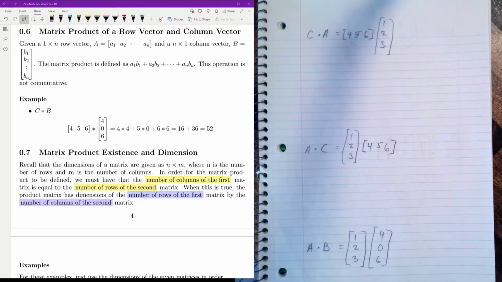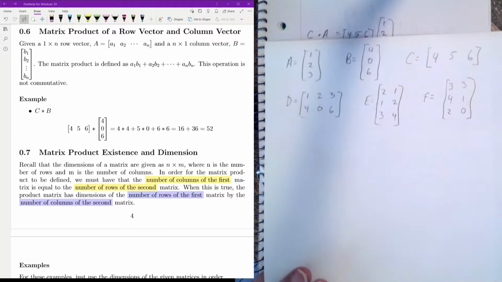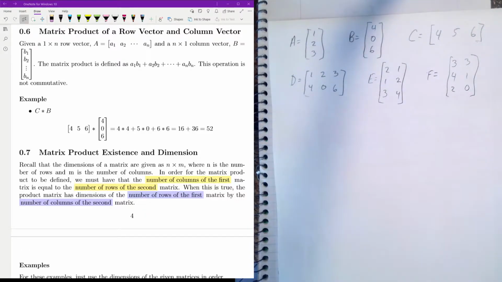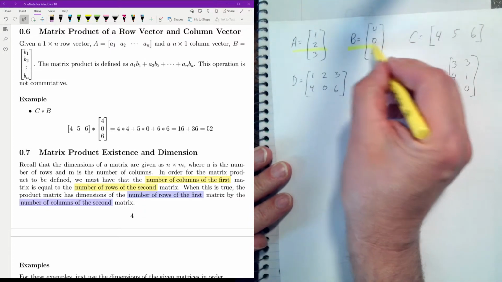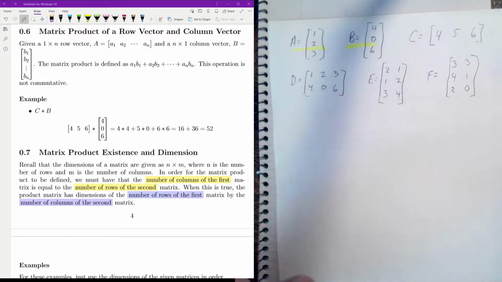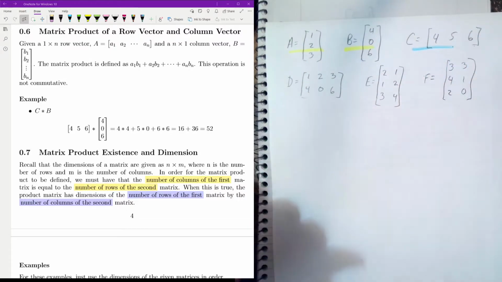Okay. So in our notes, we shall see the matrix product of a row vector and a column vector. So what is a row vector? What is a column vector? Earlier, when we were showing our different types of vectors, A and B are both column vectors, and C is a row vector.